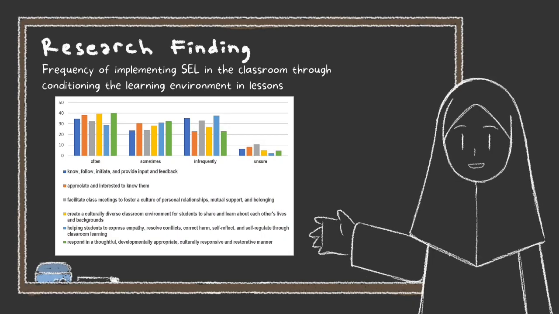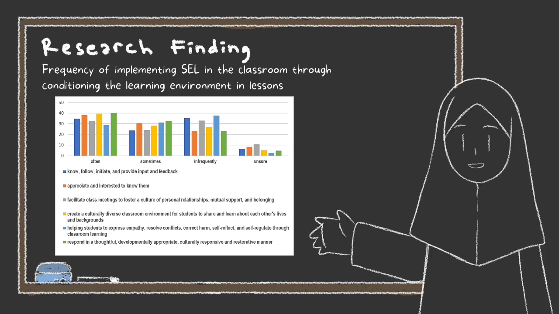Research findings. Frequency of implementing SEL through conditioning the learning environment in lessons. Conditioning learning in the classroom that is rarely done by teachers in implementing SEL is: I facilitate class meetings, circles, or other intentional community building activities to cultivate a culture of personal connection, mutual support, and belonging.